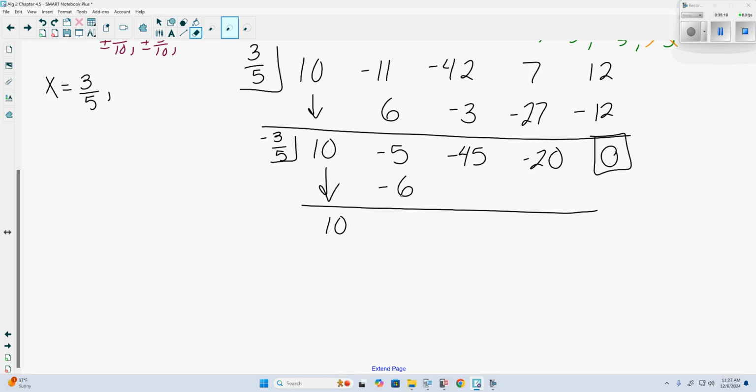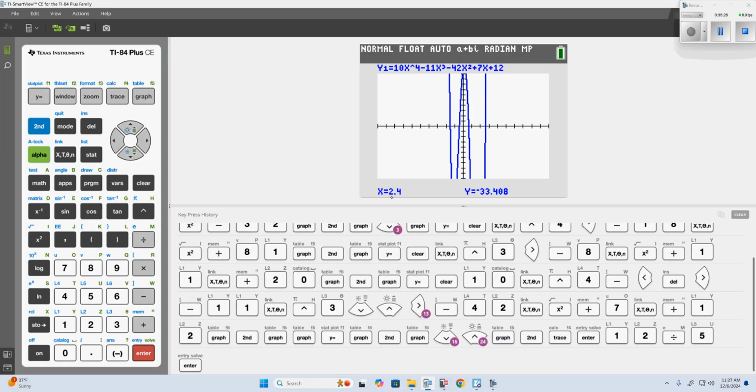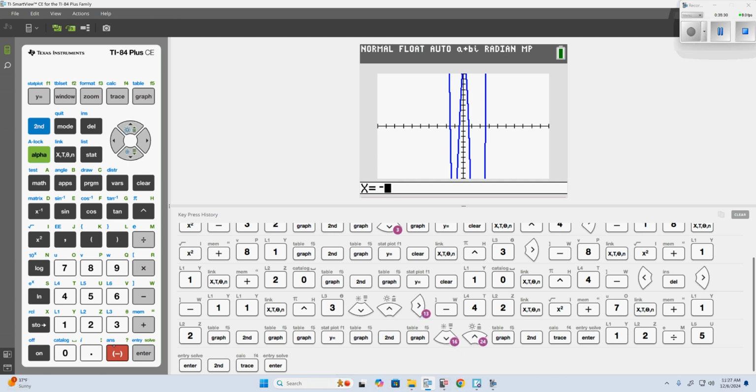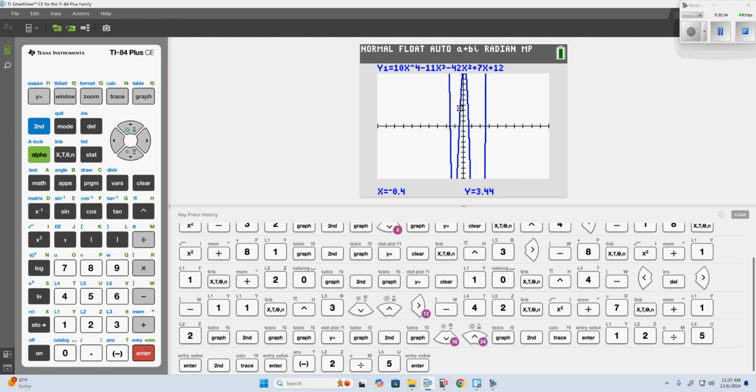That one's not going to work. But one of the other things we can do is come over here, and there's ways to type this in, and we'll go over more of this on Monday.